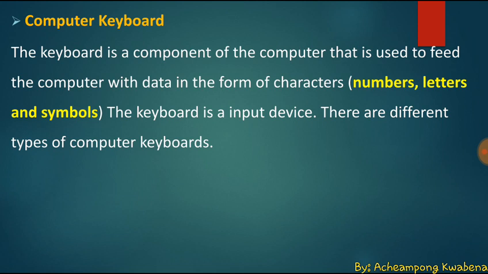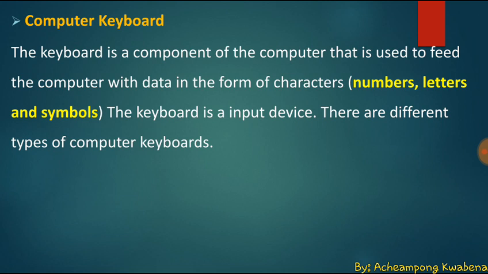So the keyboard is used to feed the computer with data in the form of these characters. The keyboard is also an input device. When we say input device, we are referring to devices that feed or send data into the computer.